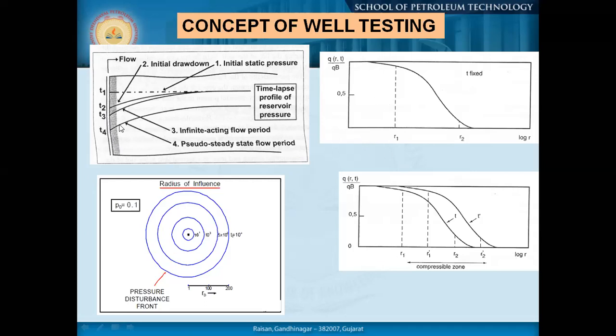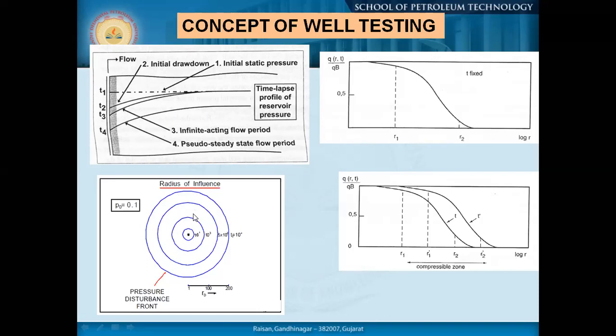So with further production and continued time, the response will move further away like this in the whole of the reservoir, then we are going to the boundary if we have a boundary there. So initially you have a small radius of investigation, but once you increase your time of investigation, you will get the response from the outer area. Okay, so are you getting it?